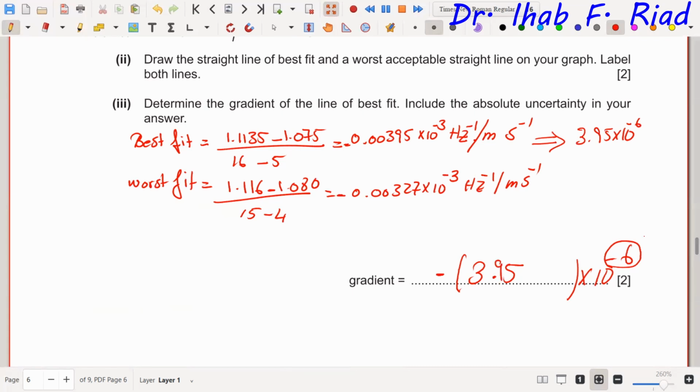Okay, now we need to calculate the absolute uncertainty. It is the worst fit minus the best fit. I just need to recheck this calculation, Dean, very quickly. Okay, this is not 395.